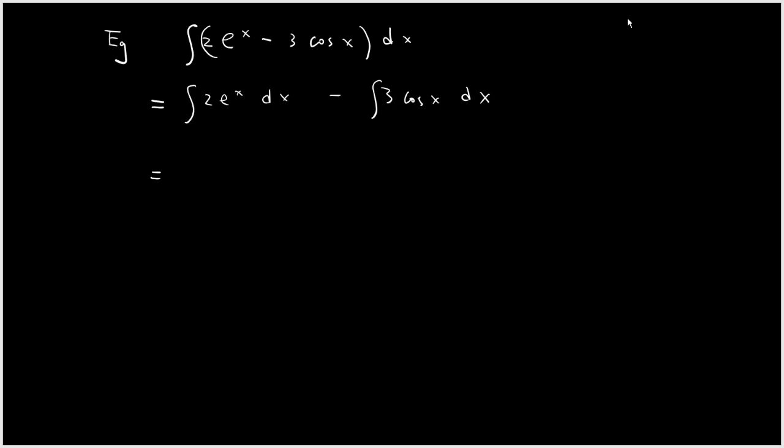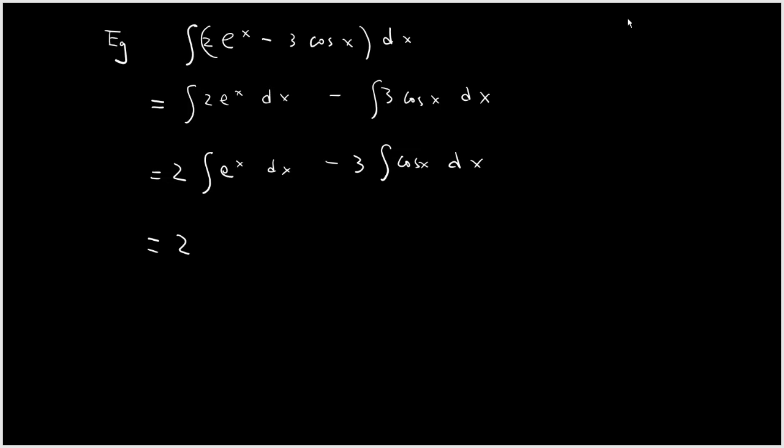You can leave out the arbitrary constant of 2, so you have the integral of e to the power of x dx, minus, you leave the constant factor of 3 out of the integration notation, 3 times the indefinite integral of cos of x. It's in the formula now.